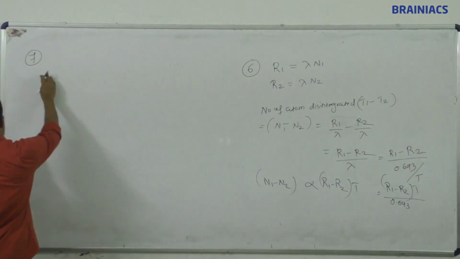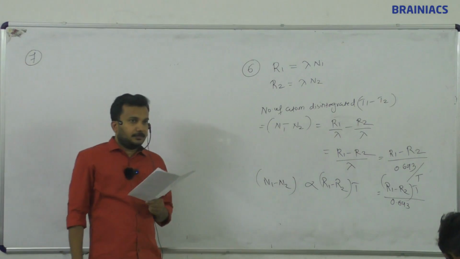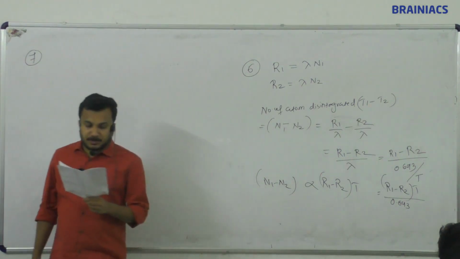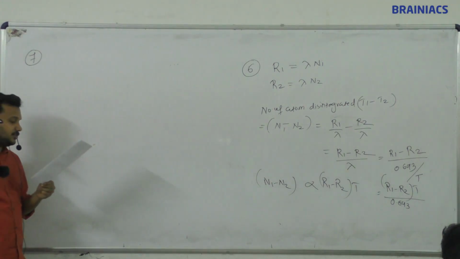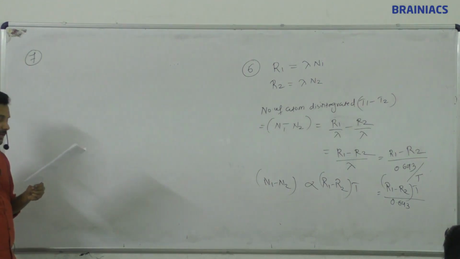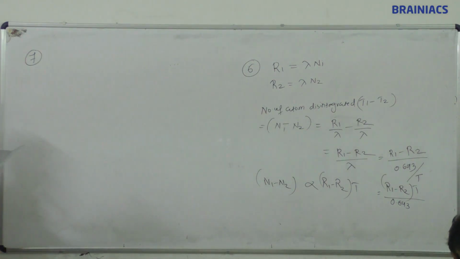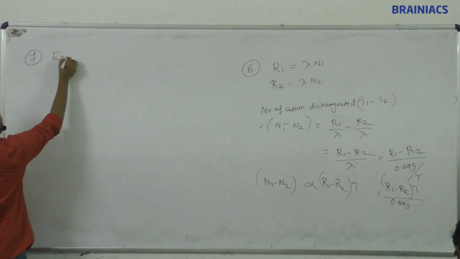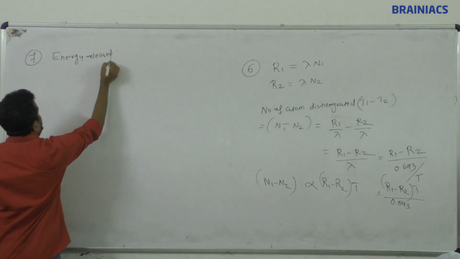7th one. In the reaction 1H2 plus 1H3 gives 2He4 plus neutron, the binding energies of 1H2, 1H3 and 2He4 are A, B, C in mega electron volt respectively. Then the energy released in the process, the energy liberated, is equal to what?